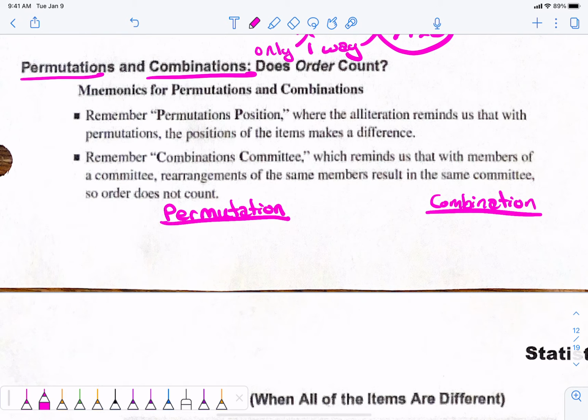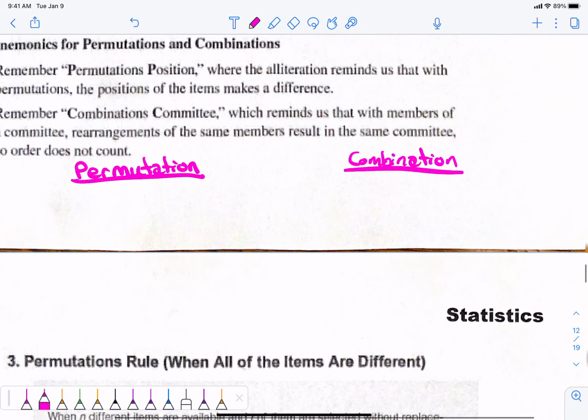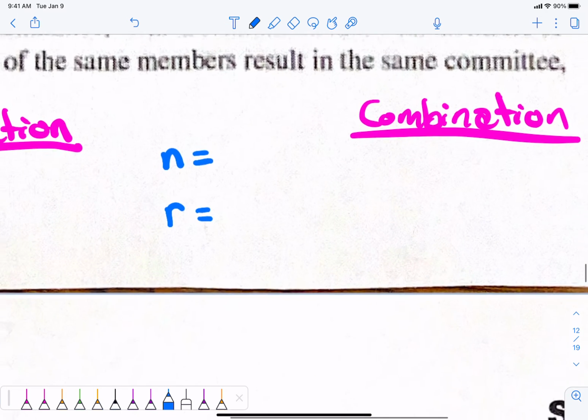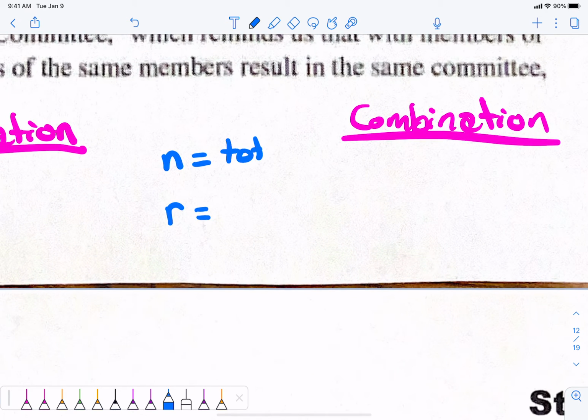Okay, permutation, combination. In each one of these, you will have 2 numbers. You will have an N and you will have an R. N is the total number, and R is the number of things that I am choosing. Up above, when we had a batting order of 9, that was a total, and we were choosing 9.